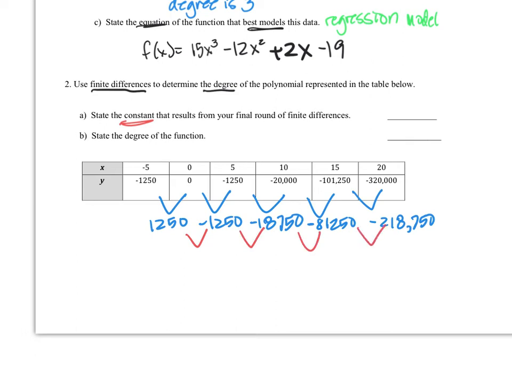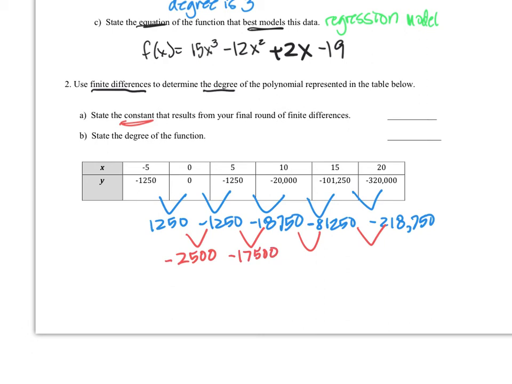So now we're taking a look at the next row and finding those finite differences. Between 1250 and negative 1250, we're going a total distance of negative 2,500. Between negative 1250 and negative 18,750, it is a negative 17,500.